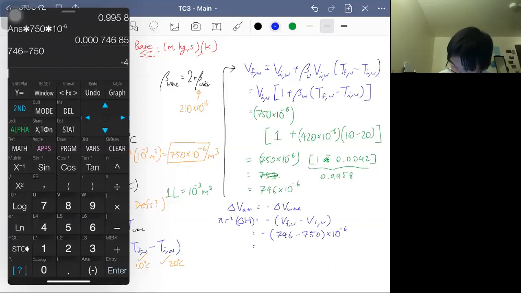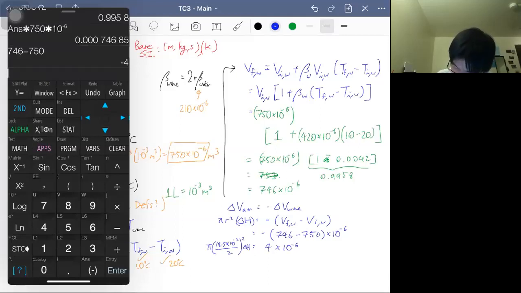So negative 4 times 10 to the minus 6. On the left-hand side, pi r squared, so here it's pi, this is 18.5 centimeters. So that's 18.5 times 10 to the minus 2, divided by 2, so that's the radius squared, delta h.